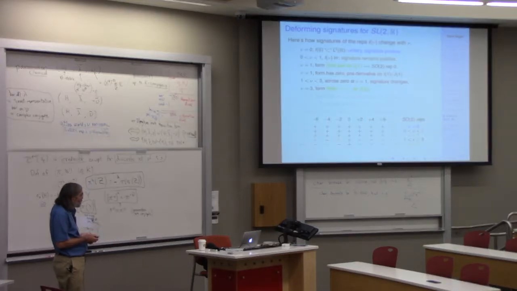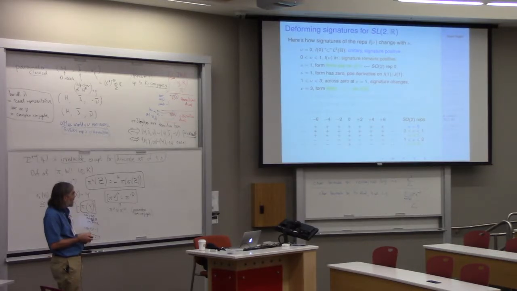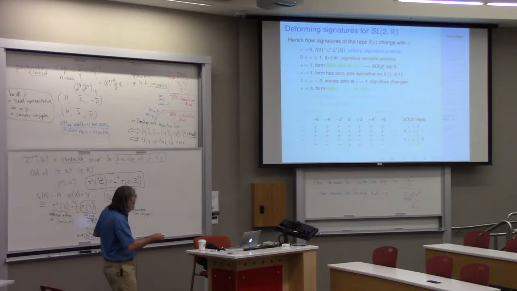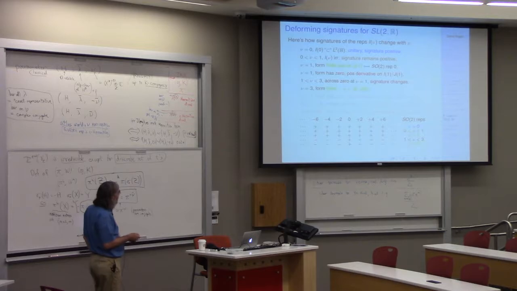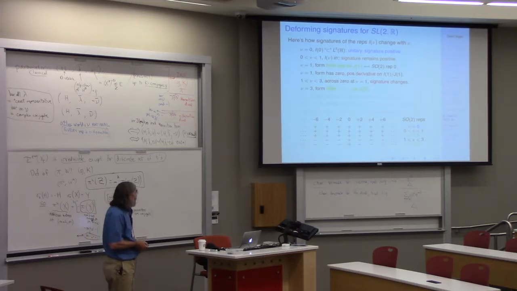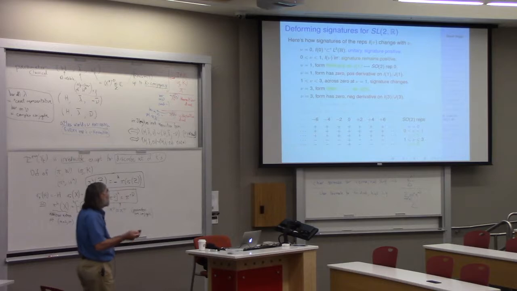On the three K-types of the adjoint representation, the signature is just inherited from this previous interval, but the rest of the form has a radical, that's these zeros, and again, they're simple zeros, and the derivative from above is negative.